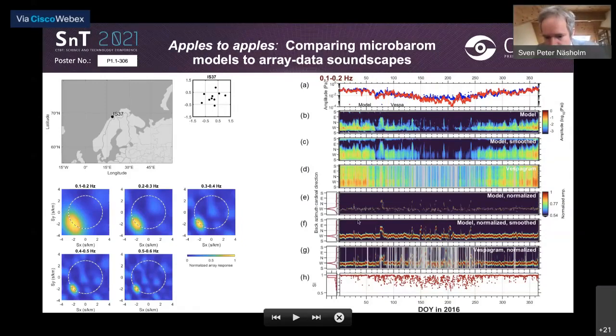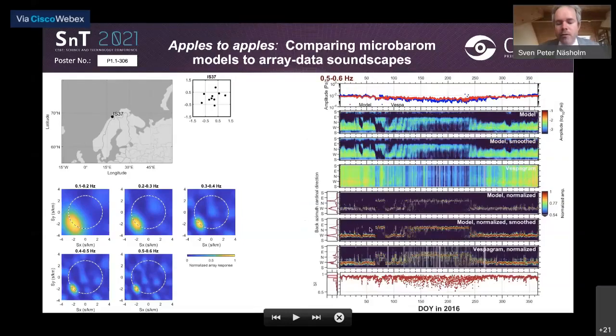When you compare apples to apples, for the model, you look at panel F, and for recordings, you look at panel G. Here we see that we have a quite good correspondence between model and data. And this we can, of course, do for several time windows and for several frequency ranges.